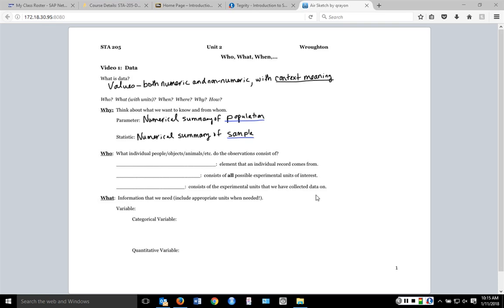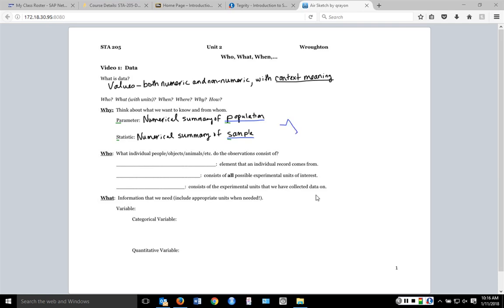What you'll notice here is that parameter starts with P, so does population; statistic starts with S, and so does sample. So it's kind of an easy way to remember which one is which. Now, we're of course going to talk about the difference between a population and a sample, and we can do that real quick before I give you an example of each of these.